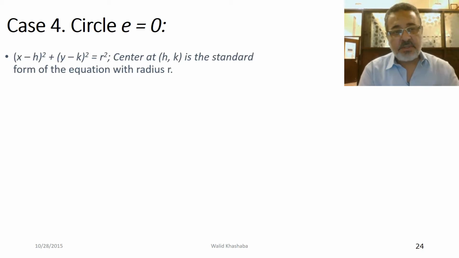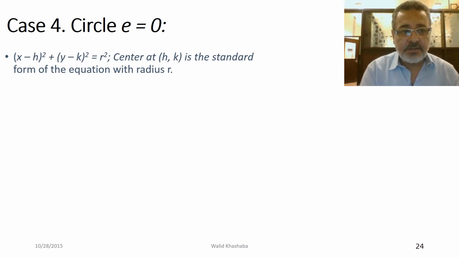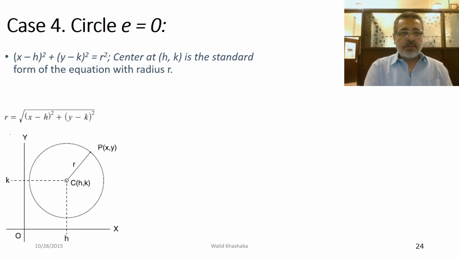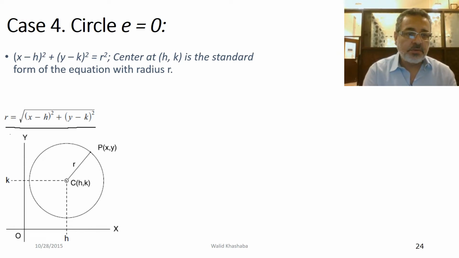This is the standard form of the circle, and h and k, of course, are the coordinates of the center of the circle. The radius can be found using this formula here. Of course, that's again the Pythagorean theorem.